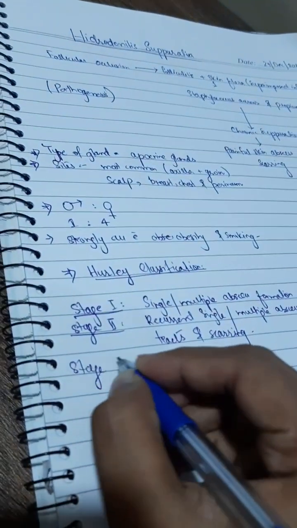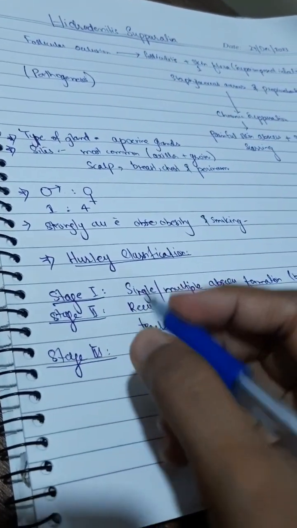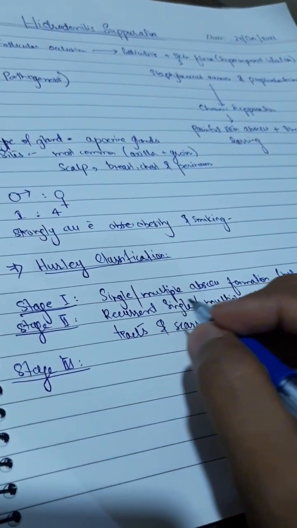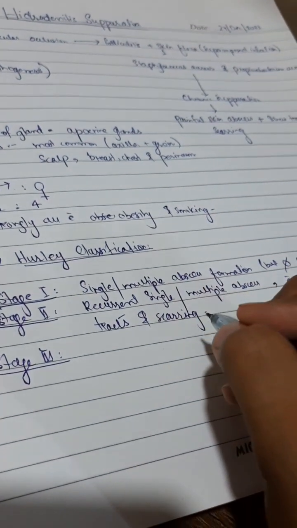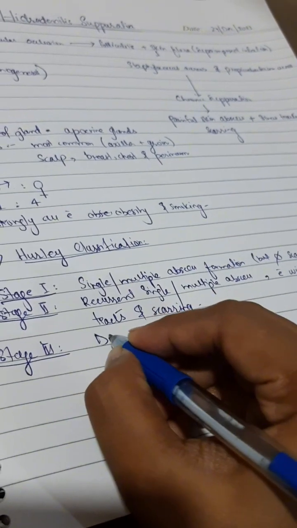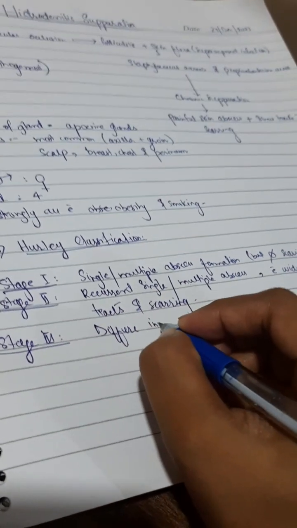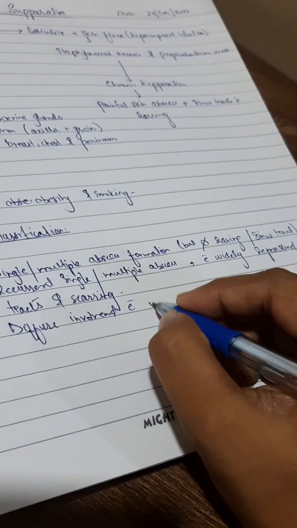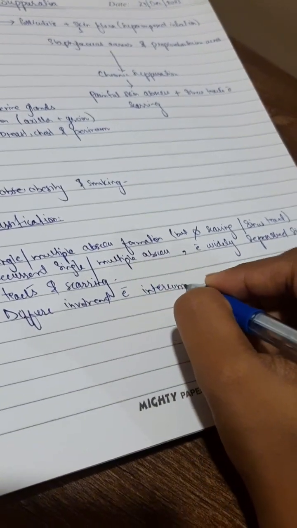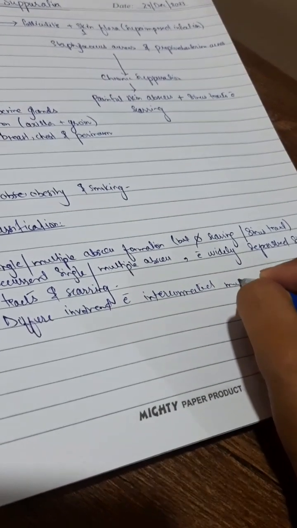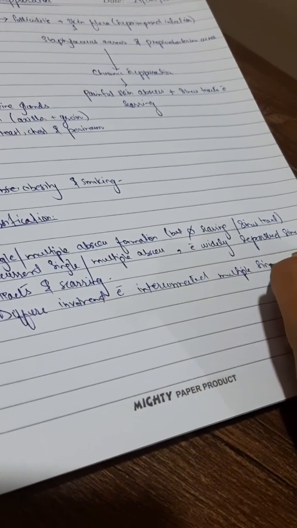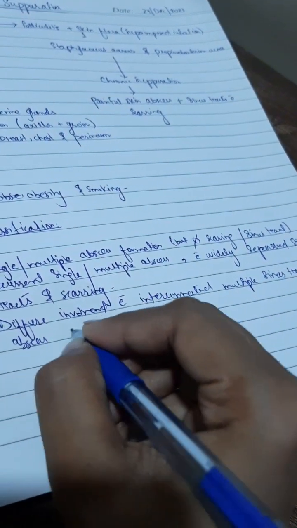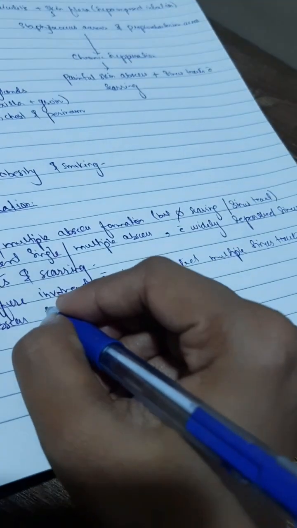And in stage 3, there is diffuse involvement of multiple areas, diffuse involvement with interconnected multiple sinus tracts plus abscess with scarring.